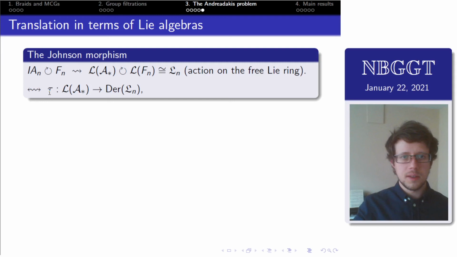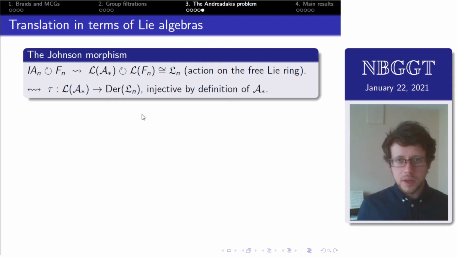And this is the one which we call the Johnson morphism, and it is injective by definition of the Andreadakis filtration. In fact, if you look at the condition for an element here to be in the kernel, you see from this definition that it has to be trivial. So this Johnson morphism has to be injective.